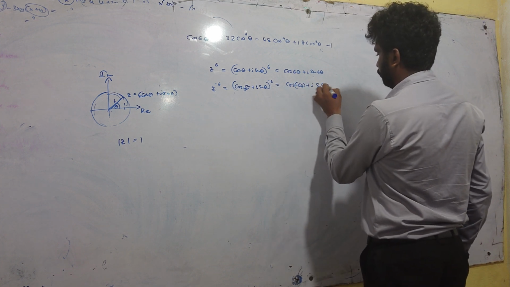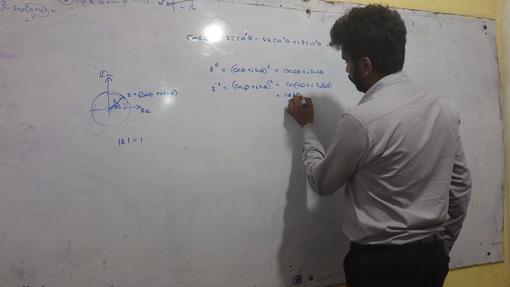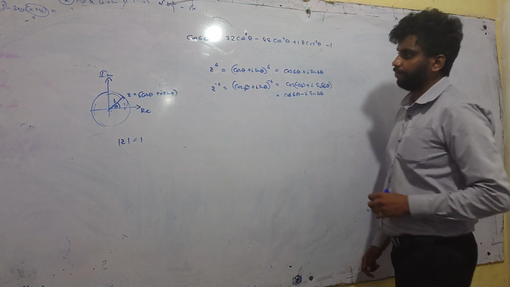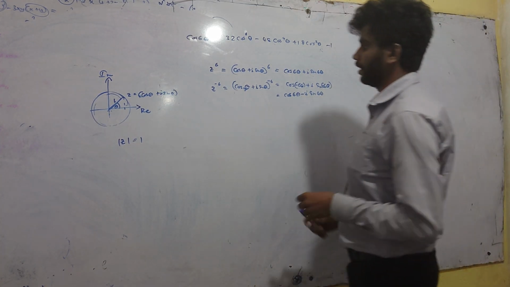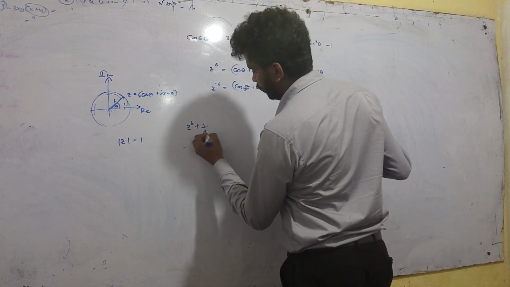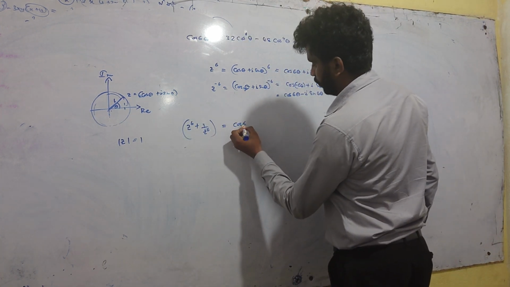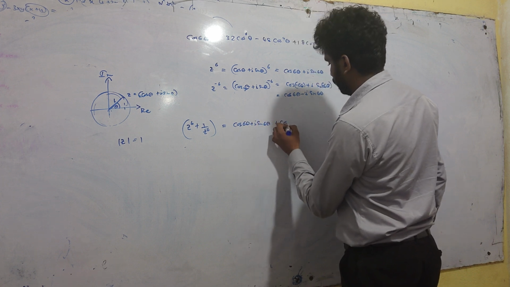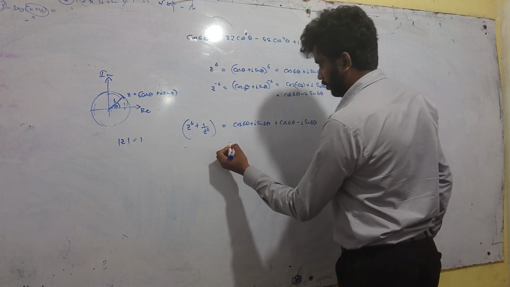This becomes negative because in the fourth quadrant sine is negative. Cosine 6 theta minus iota sine 6 theta. So you can make the left hand side equal to z to the power 6 plus 1 over z to the power 6, which is cos 6 theta plus iota sine 6 theta plus cos 6 theta minus iota sine 6 theta.